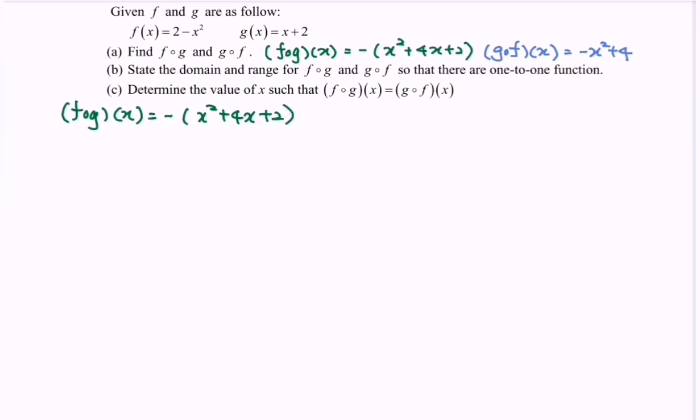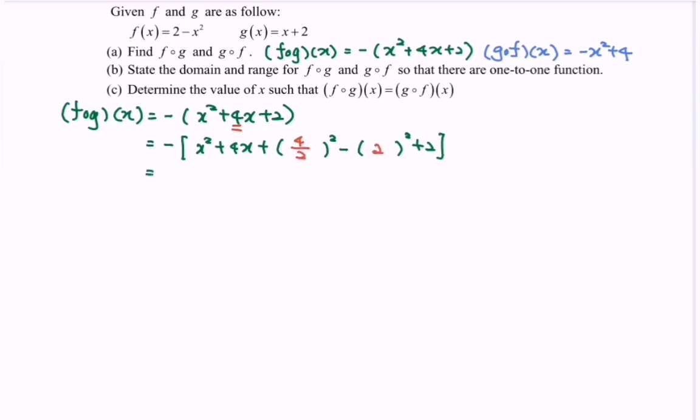Kindly complete the square so that we have the standard form. We have negative (x squared plus 4x plus square minus square) plus 2. Completing the square, focus on the coefficient, we have 4. So 4 over 2 is equal to 2.